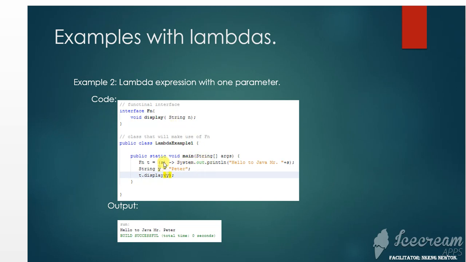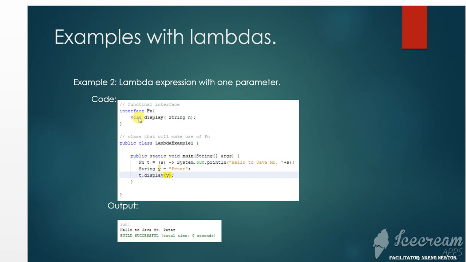So you must make sure that if the parameter list of your method in the functional interface has one parameter, then you also use one parameter in your parameter list. If it has two parameters, make sure that you use two parameters here. And if your Lambda expression is returning something, then it must match what the method in the functional interface is returning.